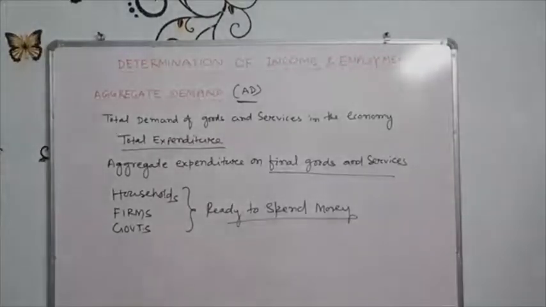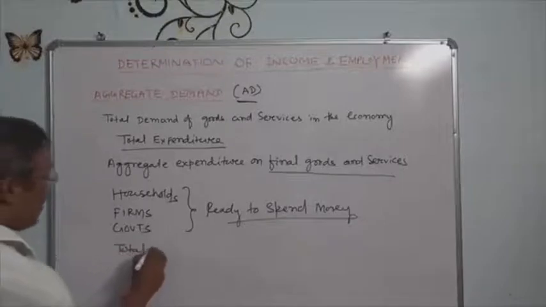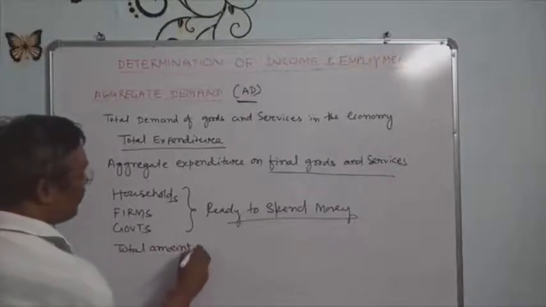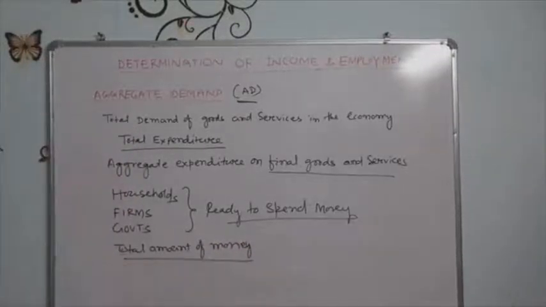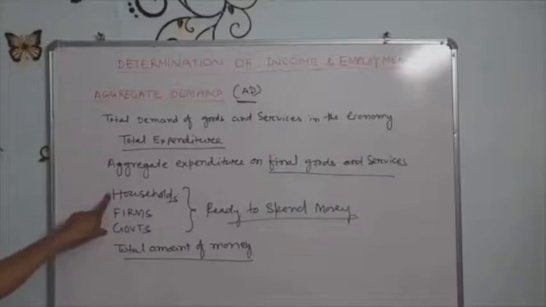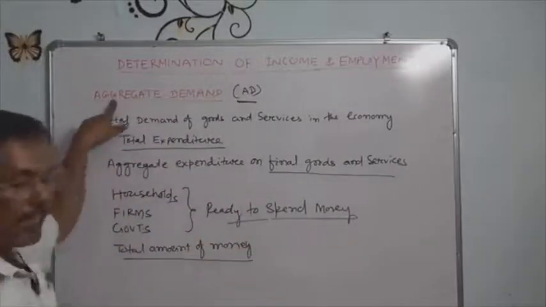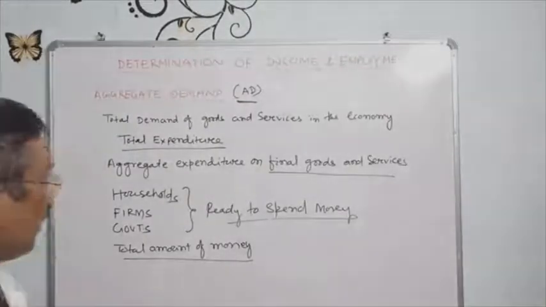It means aggregate demand is the total amount of money which is spent by all sections of the society. The total amount of money that the three sectors, households, firms and government, are ready to spend is known as aggregate demand. Is it clear?